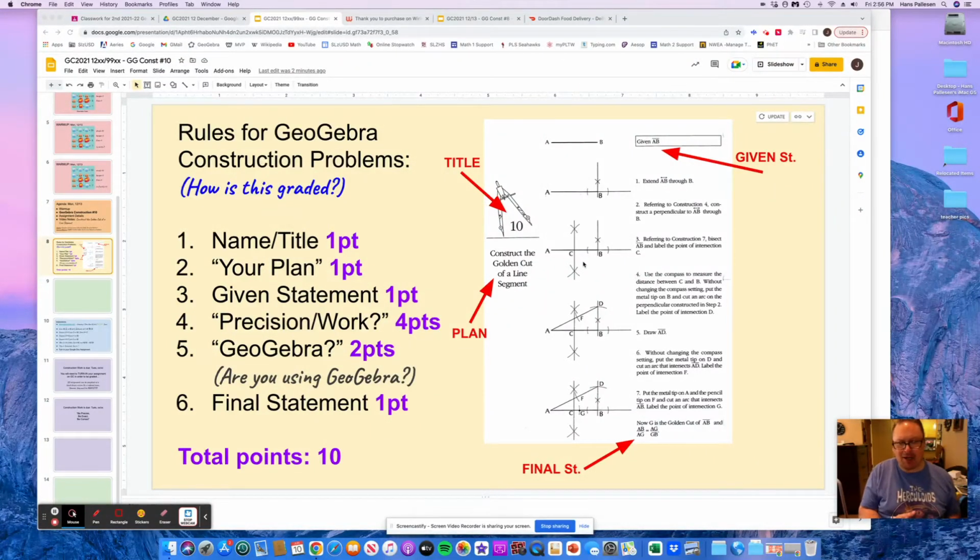So today we're going to try and complete construction number 10, which is about constructing the golden cut of a line segment. Okay, and so what we have to do is first go to GeoGebra.